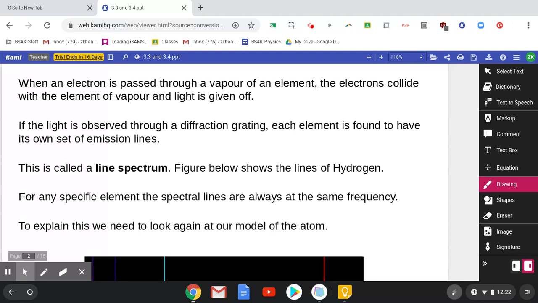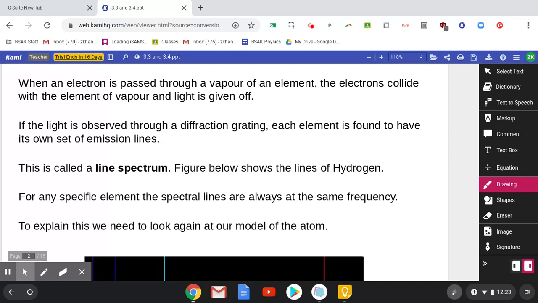So the next statement I want to focus on is when an electron is passed through a vapor of an element, the electrons collide with the element of the vapor and light is given off. So an example of this will be, let's say, a vapor of hydrogen gas, and an electron is passed through the vapor.